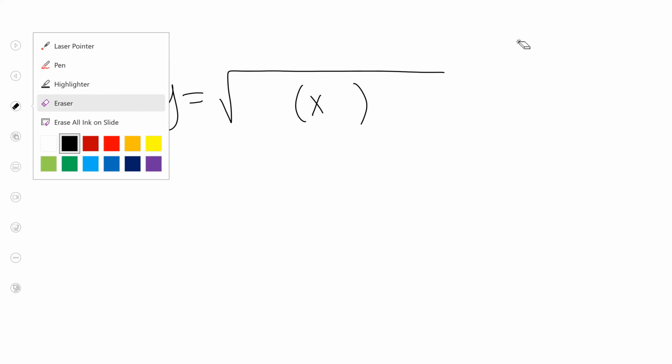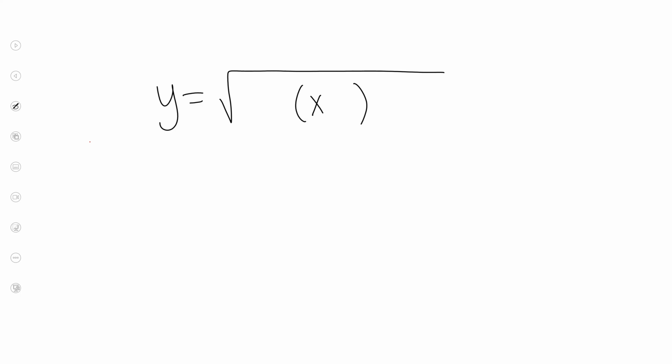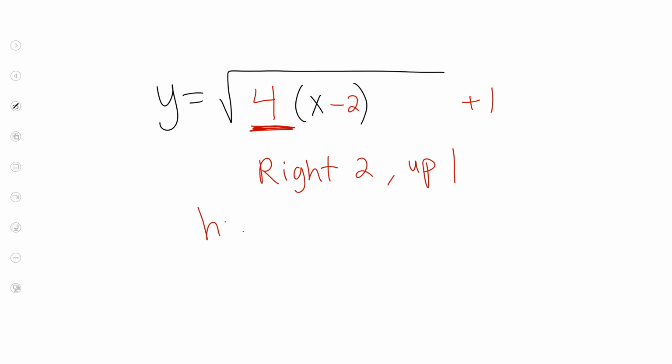Okay, another example. Let's say I have a 4 minus 2 plus 1. Did it move left or right? Good, right by 2. And it went up 1. Now we have a number in the front. We're going to use the word horizontal because it's inside. Now, 4 is bigger than 1. So will this be a stretch or compress?